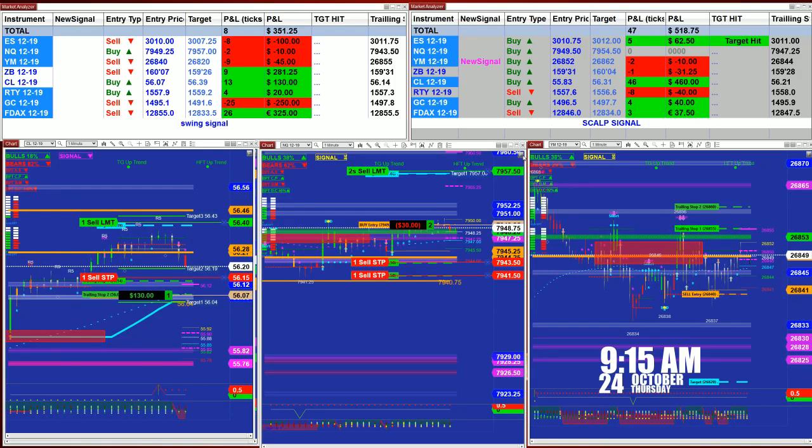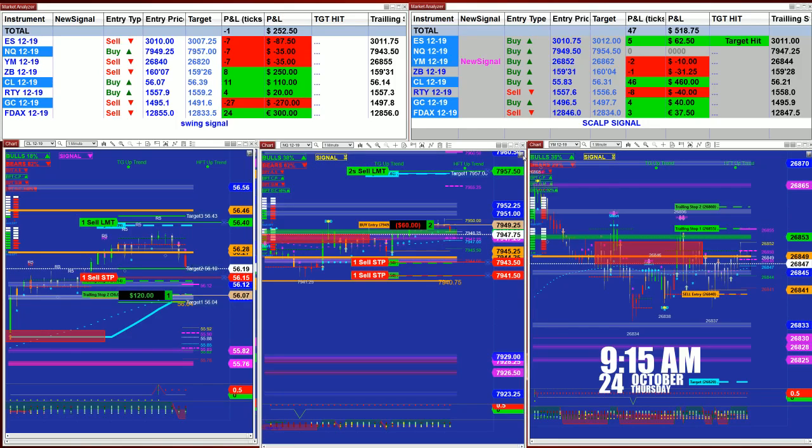We have 15 minutes left for the opening, and a lot of volatility today. Again, hopefully we're gonna have it smooth out at the opening, and really, the market has no direction at the moment.